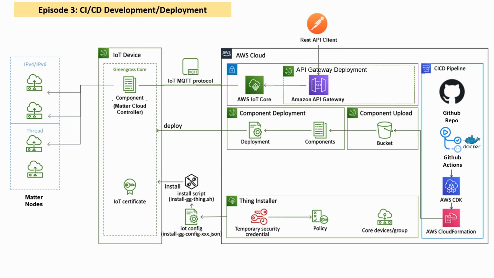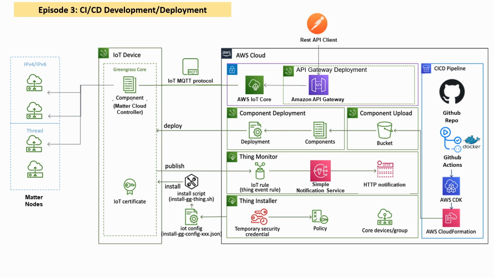We will also go and deploy the API gateway deployment, which will deploy an Amazon API Gateway, and this will interface with the AWS IoT Core in order to send and receive MQTT messages to the Matter controller.